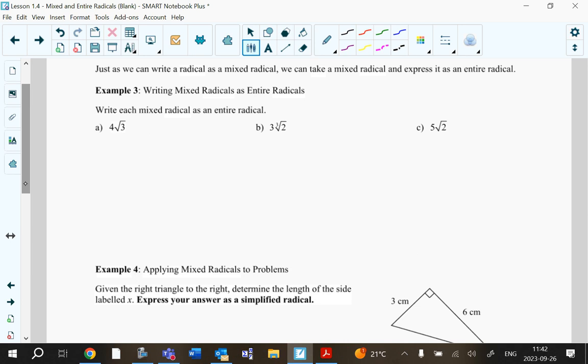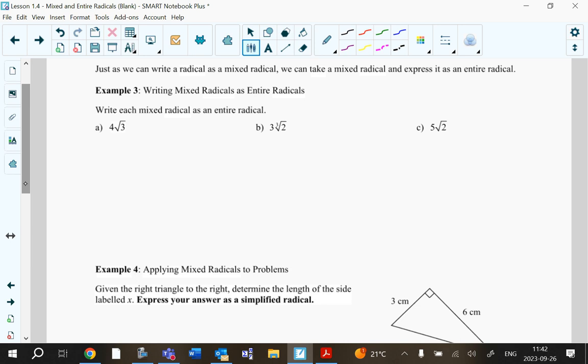Hold on. 48. Almost. You didn't get the number wrong, you just haven't said it properly. Square root of 48. So we work backwards.